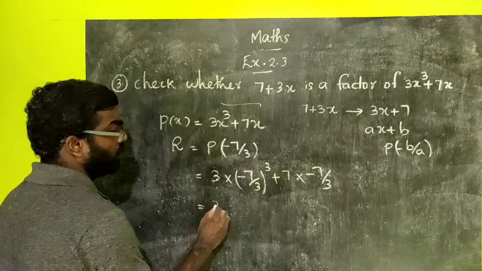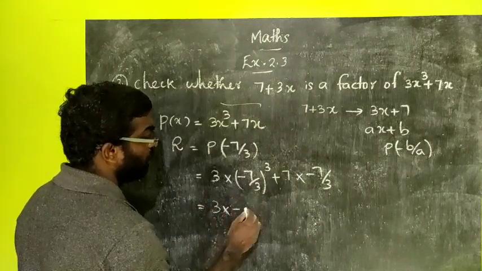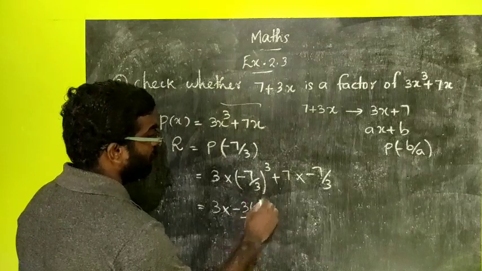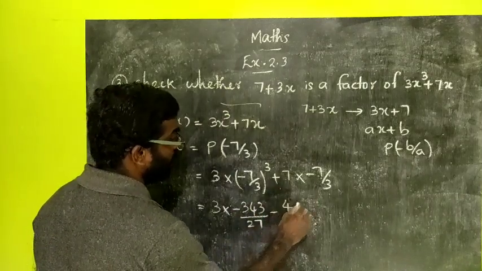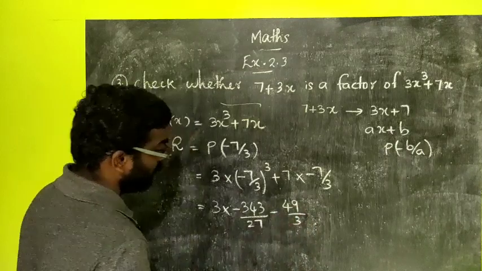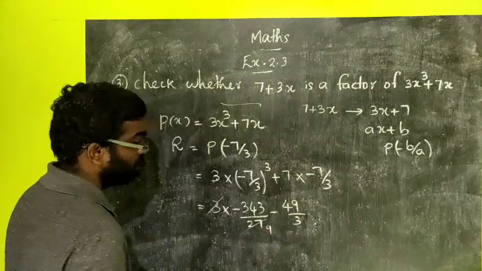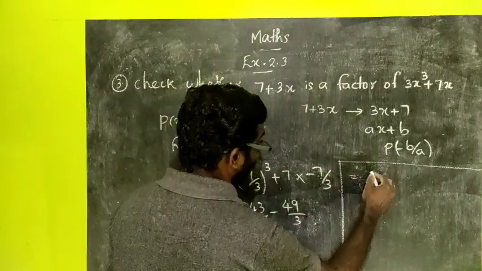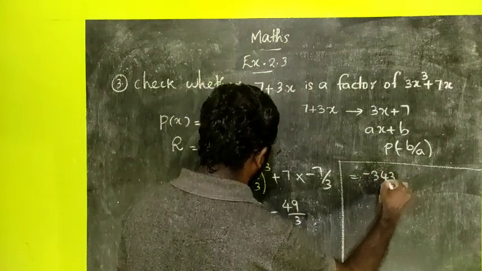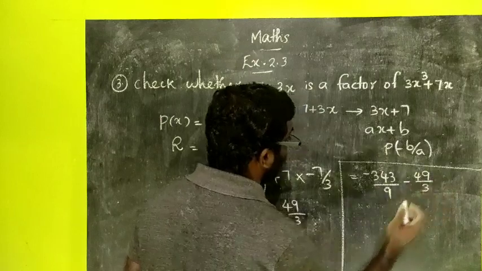Which is equal to 3 into minus 7 cube, minus cube is minus, 7 cube is 343, 3 cube is 27, plus 7 into minus 7 by 3, which is minus 49 divided by 3. This 3 and 27 we can cancel, here 9, since 9 3s are 27. So this will be equal to minus 343 divided by 9 minus 49 divided by 3.